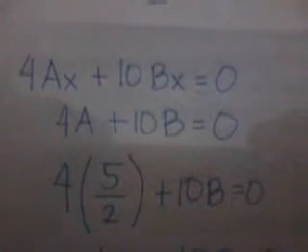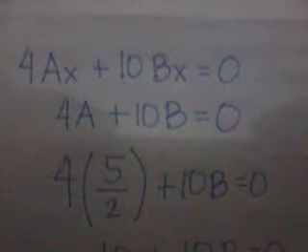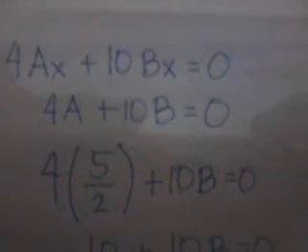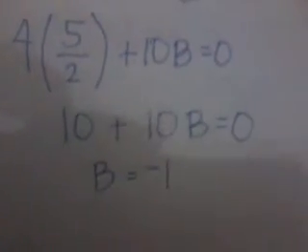And then from the second equation, 4ax plus 10bx equals 0. And since we get the value of a to be equal to 5 halves, we can now solve for the value of b, and we get the value negative 1. For e, we have negative e plus 2e minus 10e equals negative 3, which gives us the value of e to be 1/3.